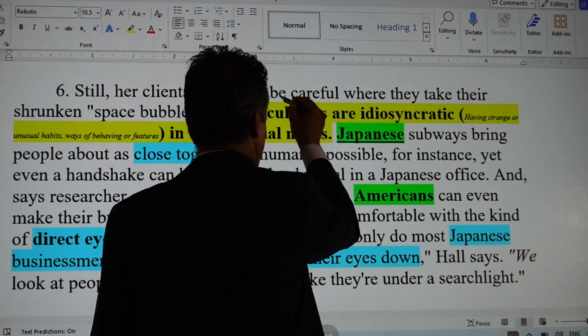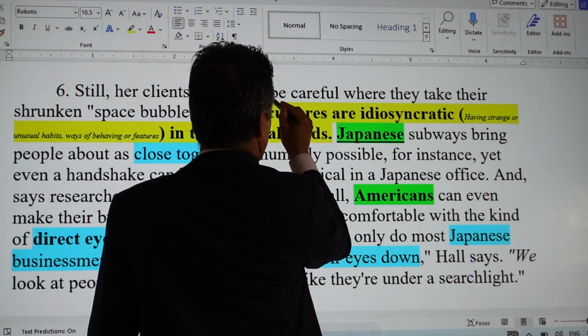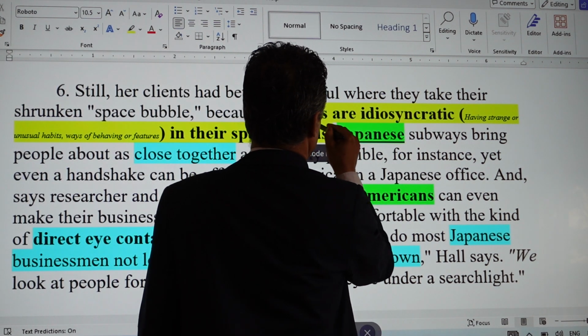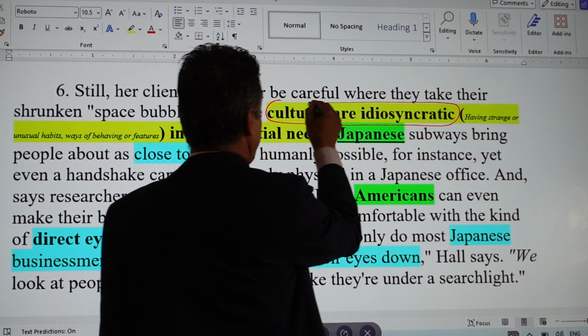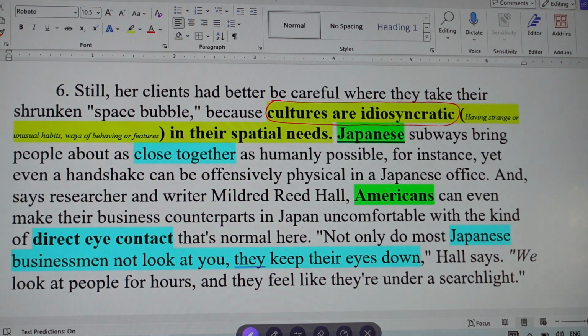here the idea that cultures are idiosyncratic. If you are an idiosyncratic girl, nobody can predict how you will behave. You're strange.